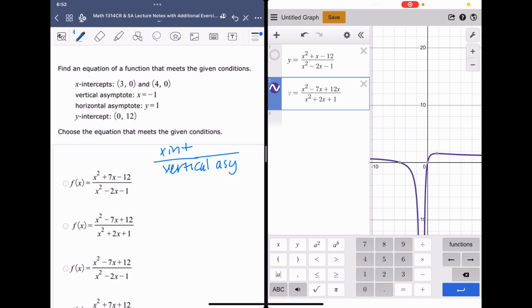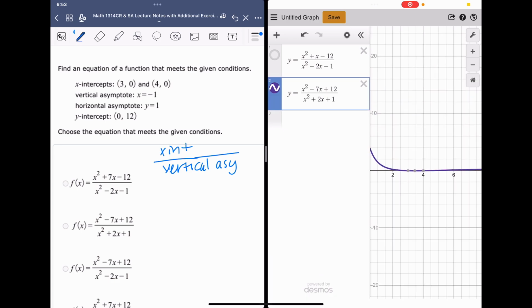Okay, let's read that one. That one still has x-intercepts that are negative. Let's make sure we typed it in correctly. Oh, maybe not. It's got 3 x-intercepts. This one only lists 2. So that one's not it.